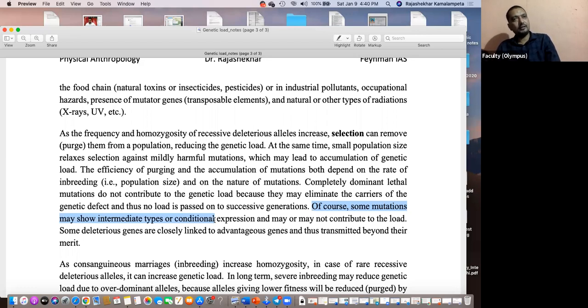But why do such lethal problems still exist in our populations? Because they are conditional, in a way, right? So I think we talked about sublethal, right? And what happens there? They only express at later stages of life. So that is how they're maintained. In the reproductive age, they don't have too much negative impact. So they're maintained.